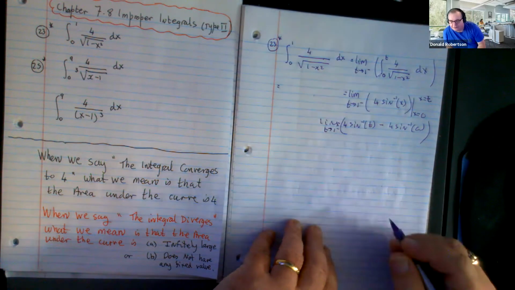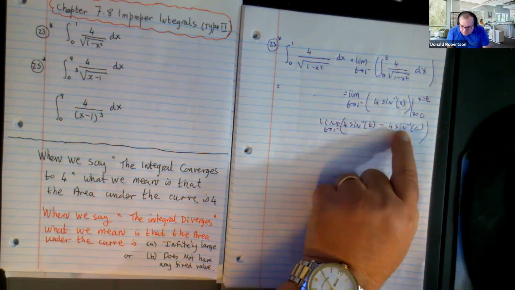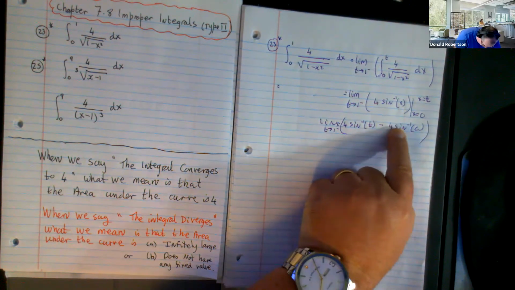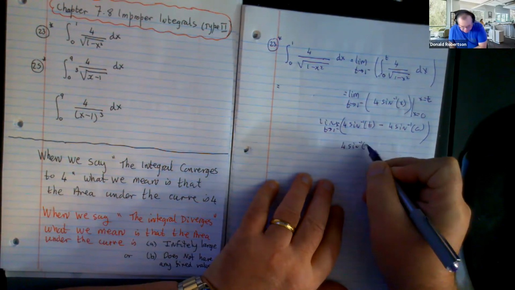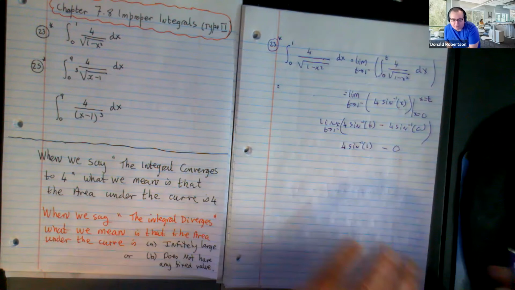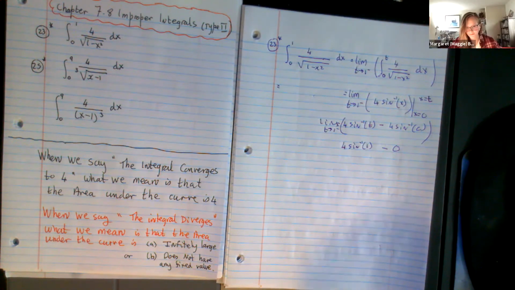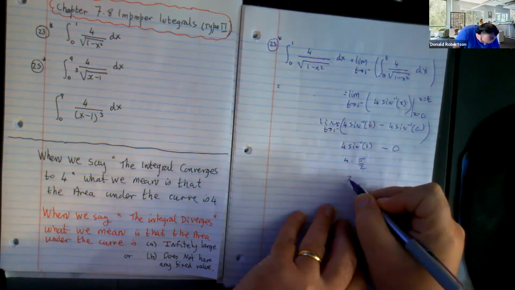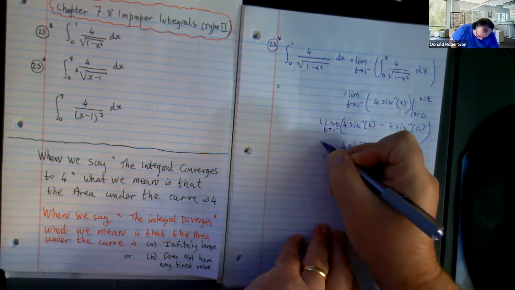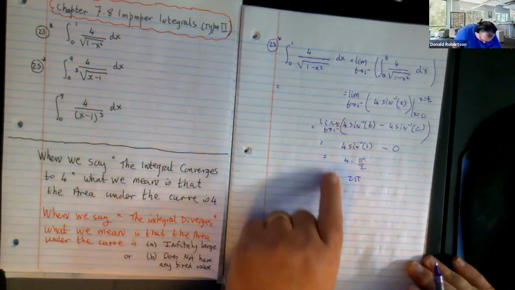Now the inverse sine of 0 is, what angle has sine of 0, which is 0. And this fella here, when you brute force it, is the inverse sine of 1. What angle has a sine of 1? Pi halves. Okay, so it's 4 times pi halves, take away 0, it's 2 pi. So what we've now shown is that this integral converges to 2 pi.